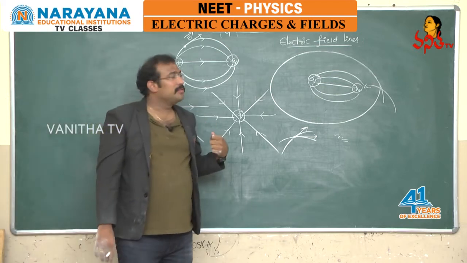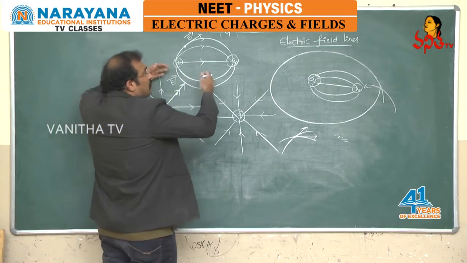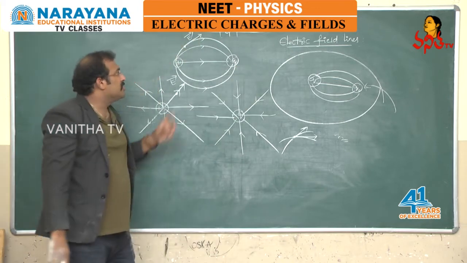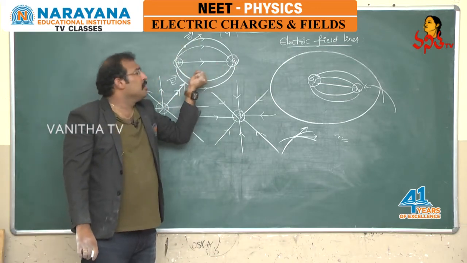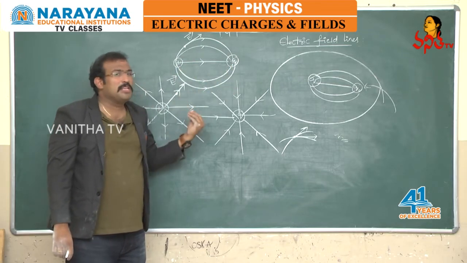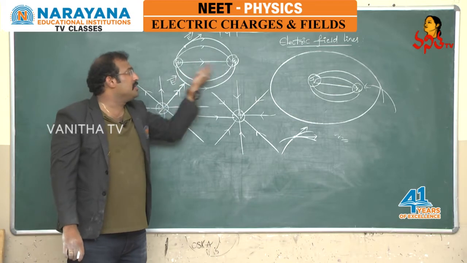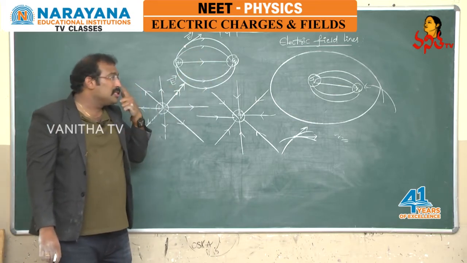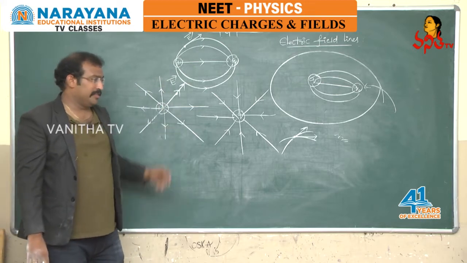The third one is they exert lateral pressure and longitudinal tension, because there will be attractions and repulsions between the charges depending upon their polarities. So therefore we say there will be longitudinal tension and lateral pressure between the two lines. These are some of the properties of the field lines.